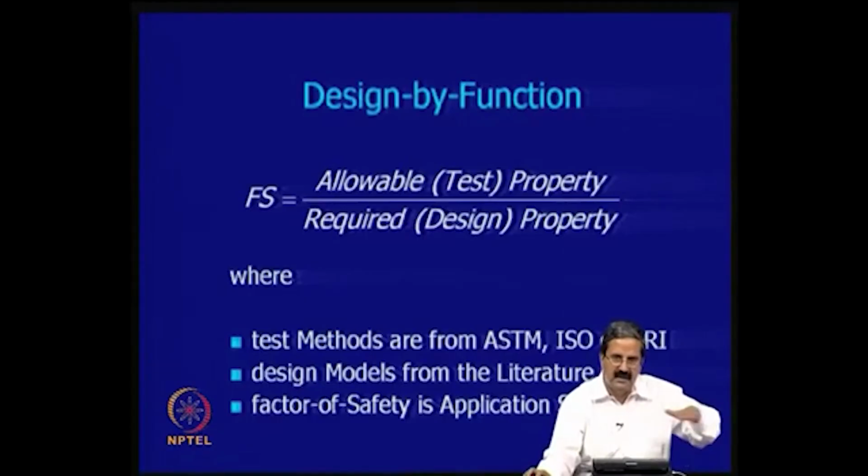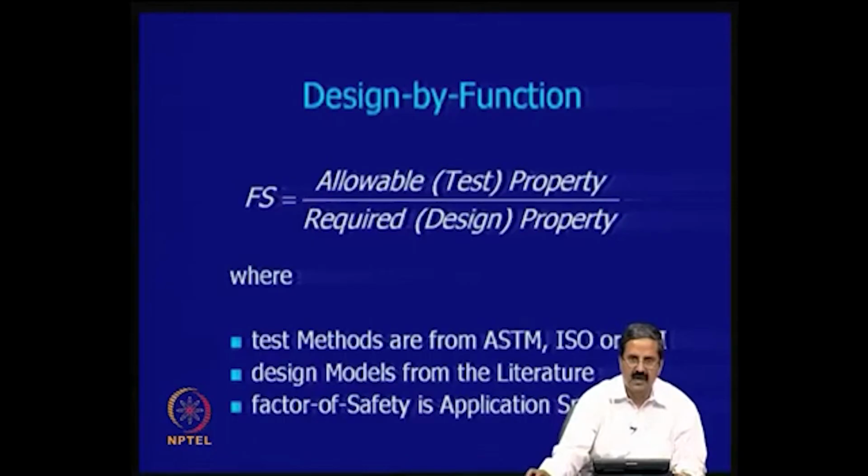To resist it, you need to have some sort of reinforcement. You have some tensile force generated, and you will have what is called the allowable tensile property for that material, and what is required.